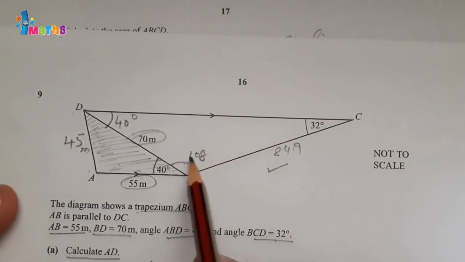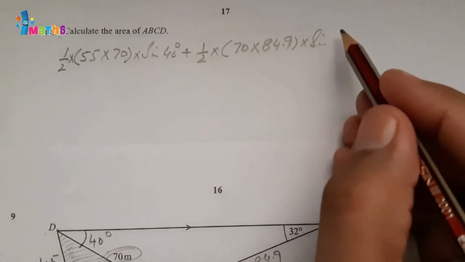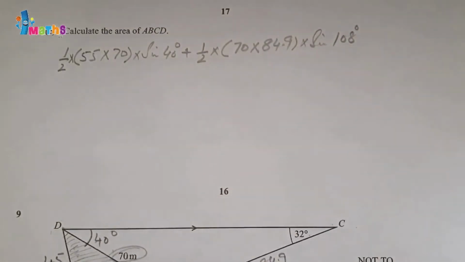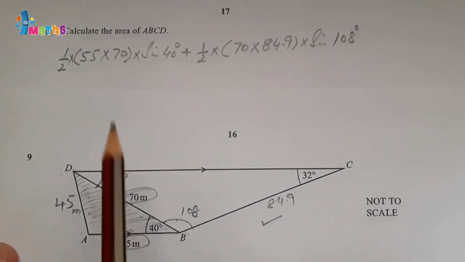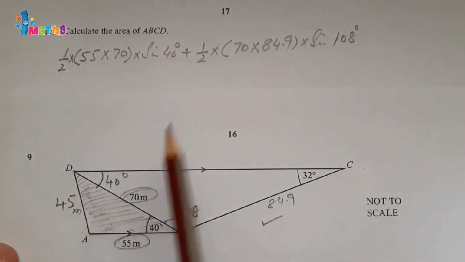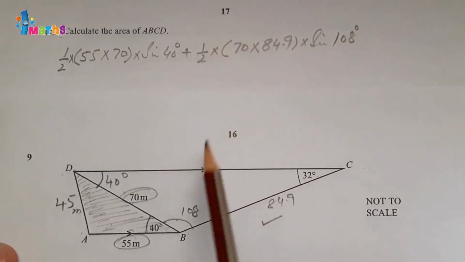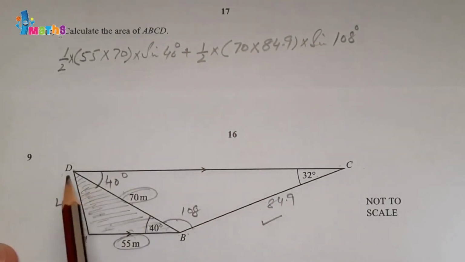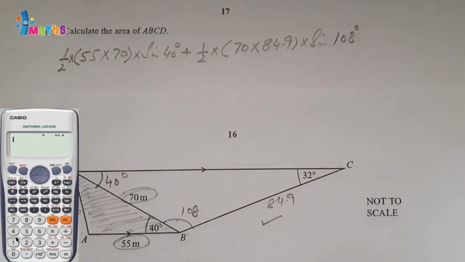So we'll take sine of 108 here, so this will be 108 degrees. So this is the area of this shaded triangle, and this is the area of this unshaded triangle, and we have added these two areas to find the area of this trapezium.